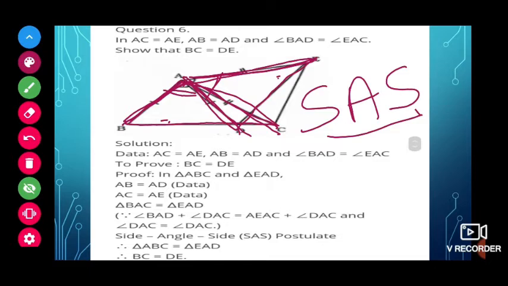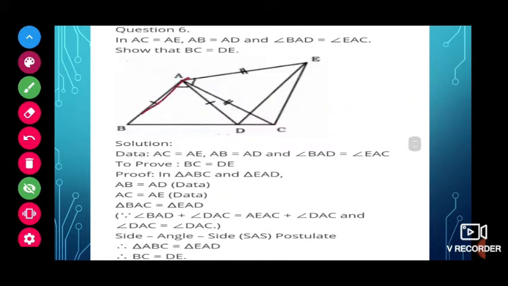If the two triangles are equal, then what we want to show, BC and DE, are the corresponding bases of the two triangles, so we can say they are also equal. That's what I have written here. AB is equal to AD. From the data, AC is equal to AE. And the two angles are also equal. Then automatically by using side angle side, we can say that the two triangles are equal. Then the remaining corresponding sides are also equal. That's it.